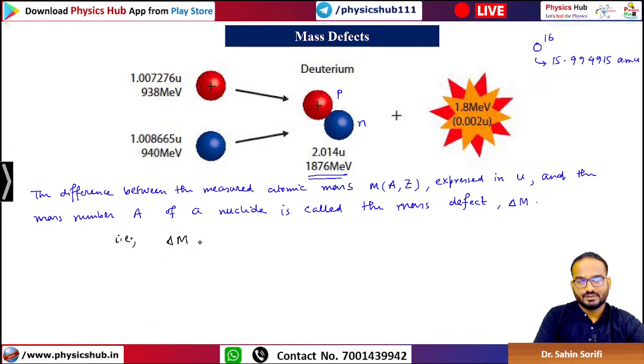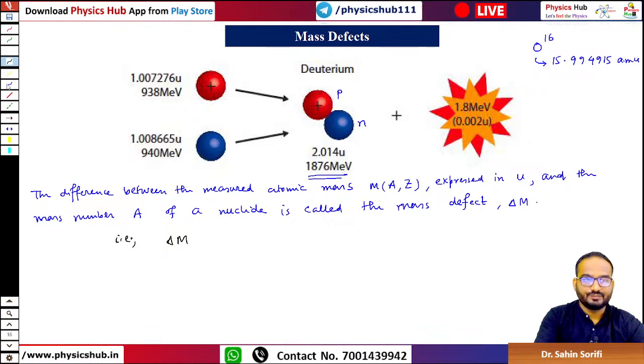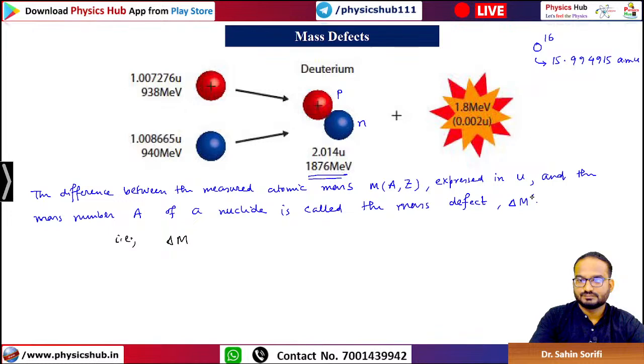Previously we have used delta M for other things, so let's use delta M prime for this mass defect.